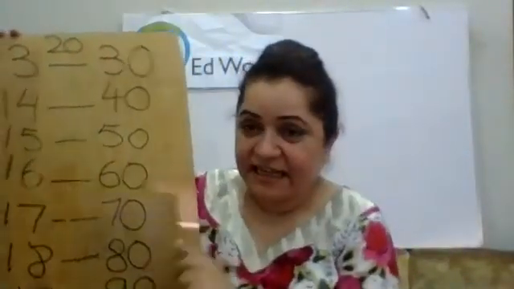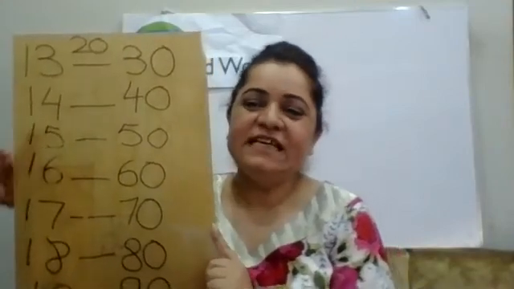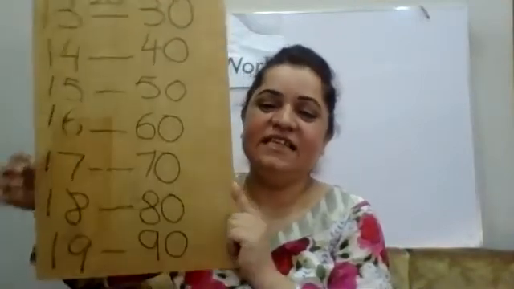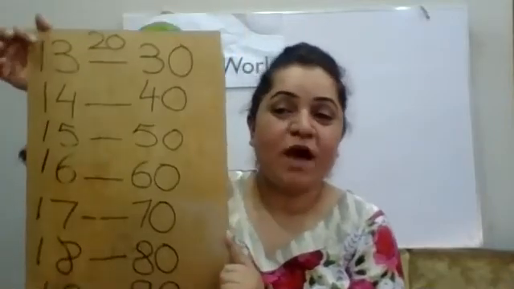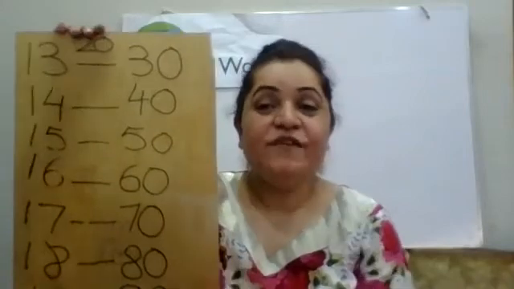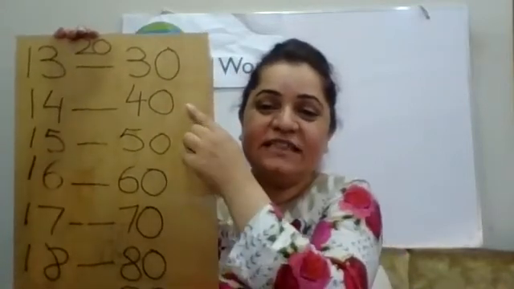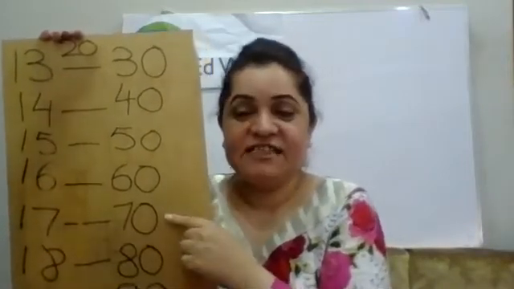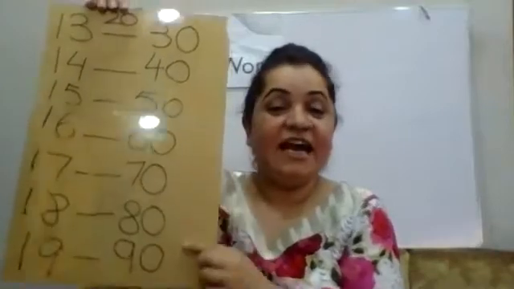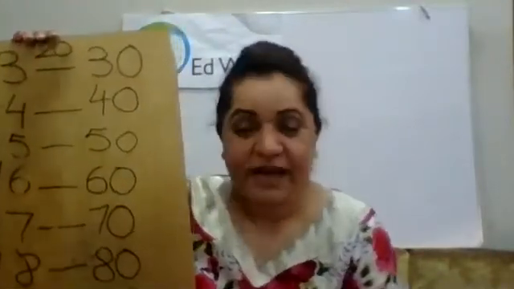So this was what we did. We did teen, like 13, 14, 15, 16, 17, 18, 19. And then by removing 1 and adding 0, we can make it 20, 30, 40, 50, 60, 70, 80, and 90. Yes, that is super great.